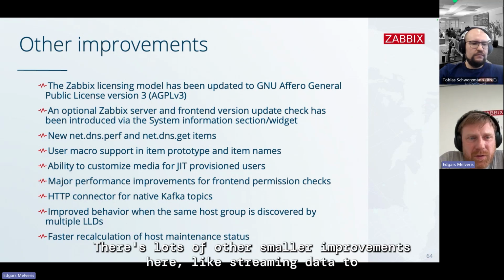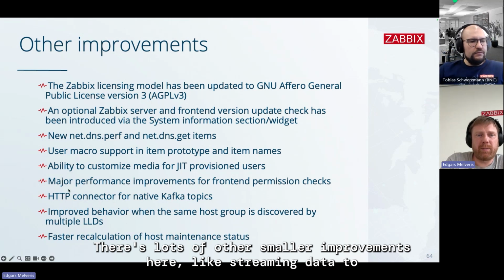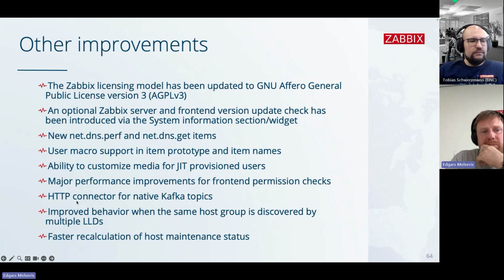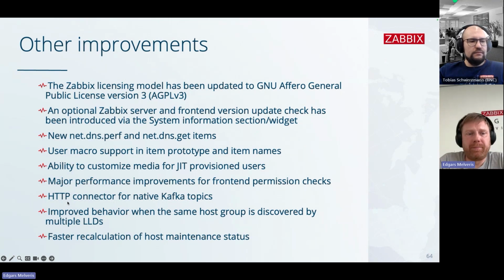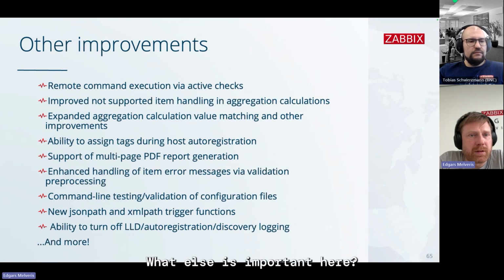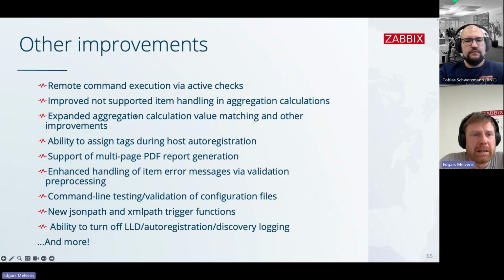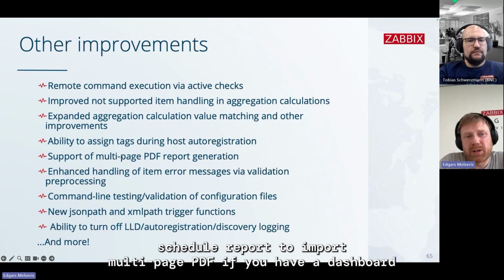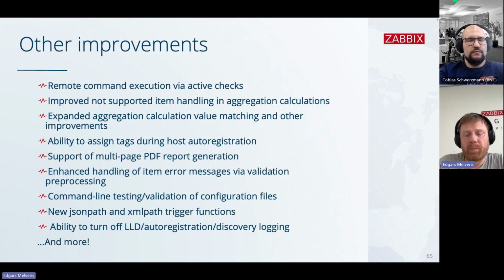And there are lots of other smaller improvements here, like streaming data to external Kafka, for example. What else is important here? Remote command execution, reactive checks, aggregations. Scheduled reports support multi-page PDF if you have a dashboard with multiple pages and so on.